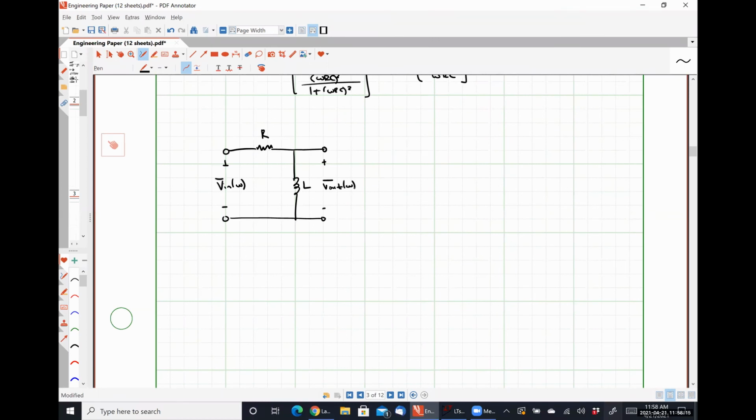So this is a high pass filter with a corner frequency, omega C is equal to R over L. And then by extension, it should be pretty easy to figure out the other one.